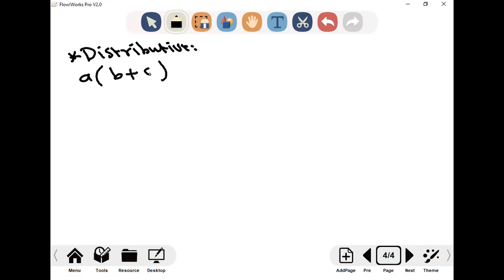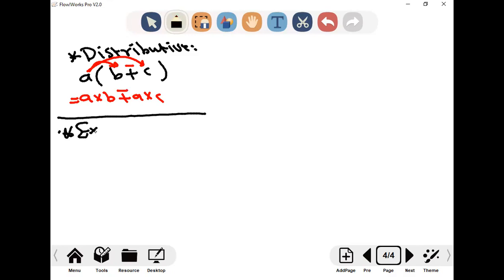A number multiplied by parentheses or a bracket, we distribute A to B and A to what? It will be A multiply B plus A multiply what? C. If this is plus, it's plus. If this is minus, it will be minus. Done? Did we understand?